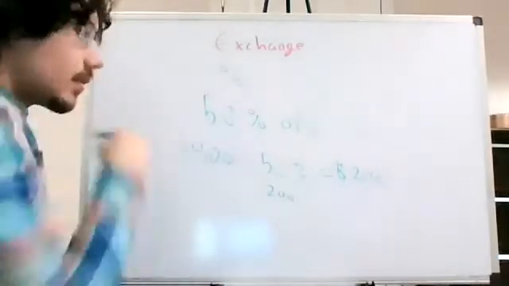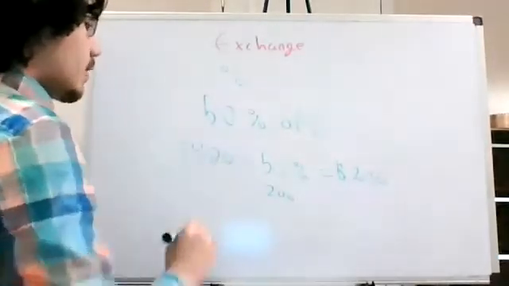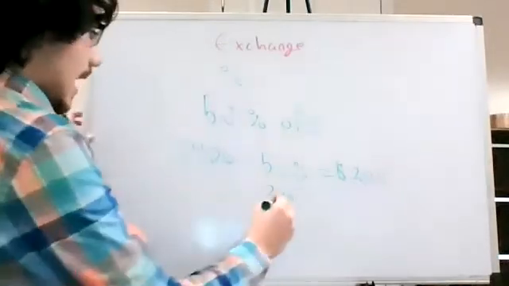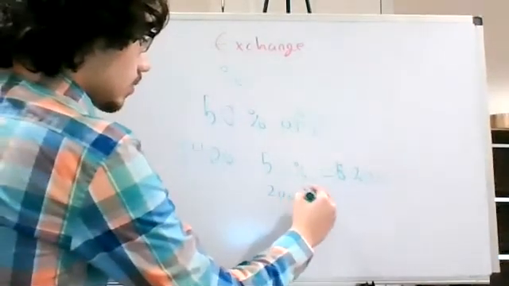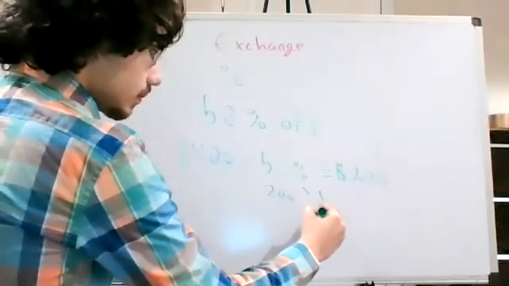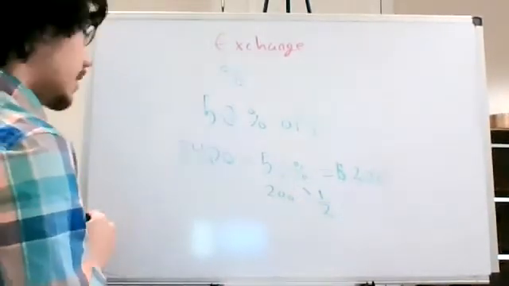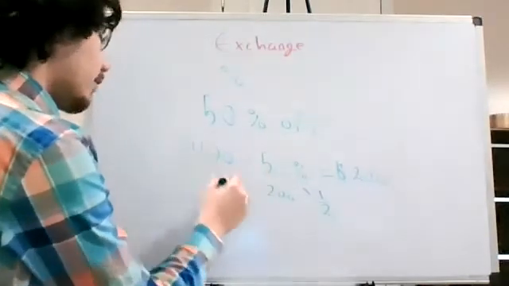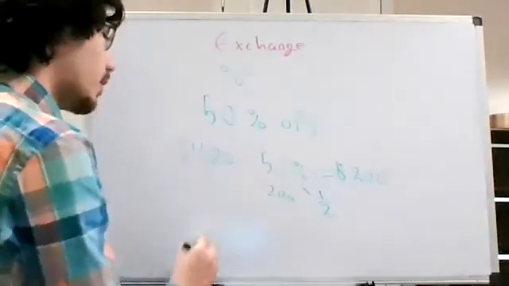Now, there are multiple ways of looking at this. If you recognize 50% as 1/2, 50% being half, that means it is taking away half of 400, or it is halving 400.